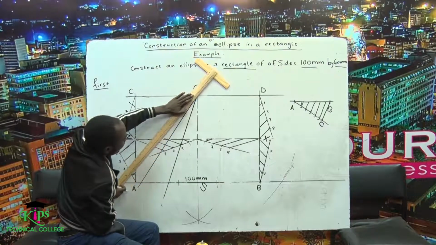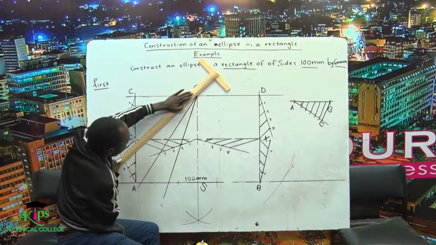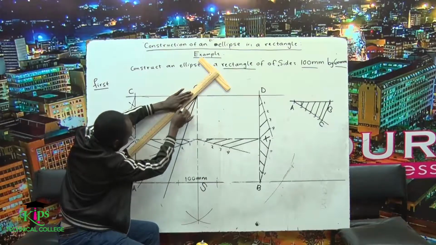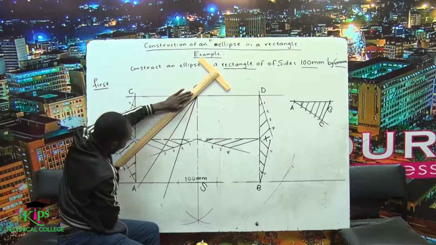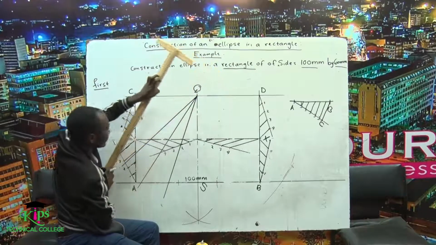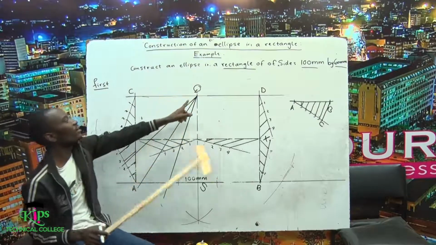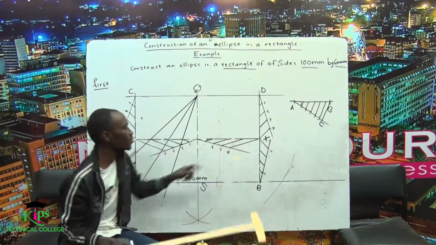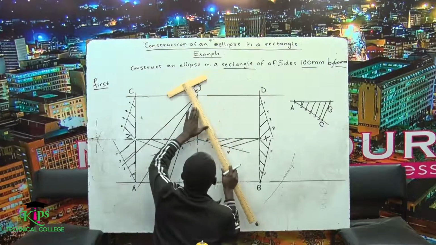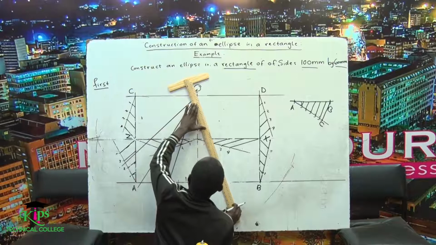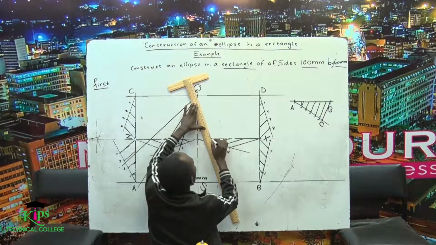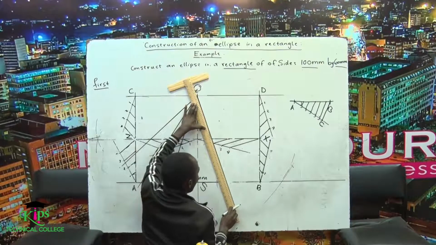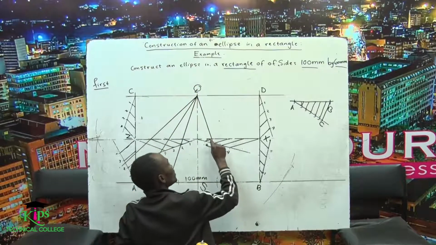Like that. Again, draw another one to pass through. Like this. After that, I will draw others to pass through this point, and this point. So from Q now to pass through here. And they should pass through the points that you subdivided.